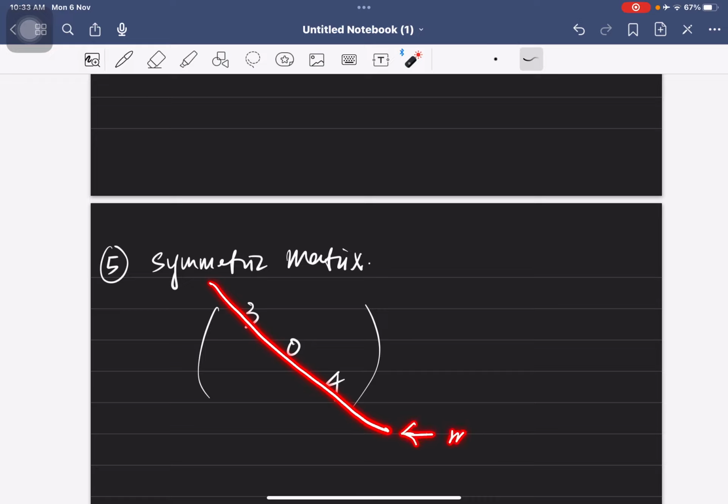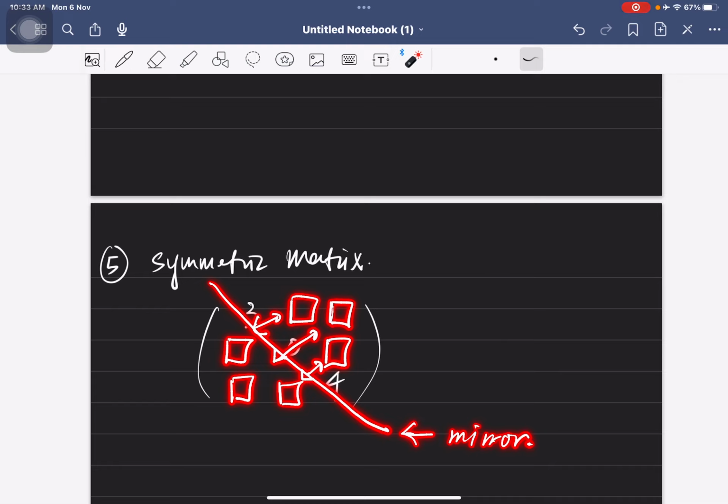This number will reflect here, and this number will reflect here, the furthest with the furthest, and the one here with here. So the numbers here will be the same as here, and this one will be the same as this one.